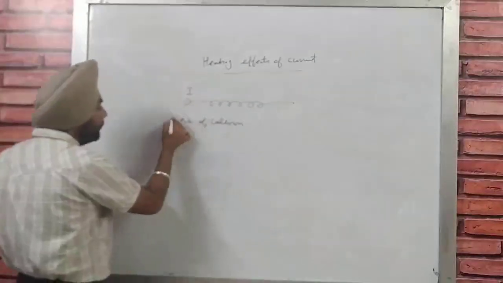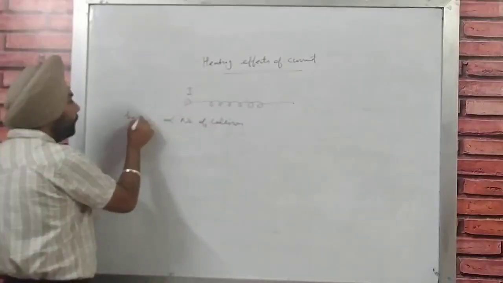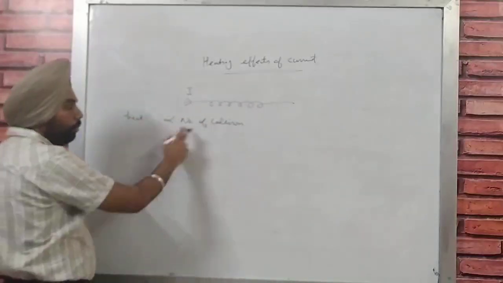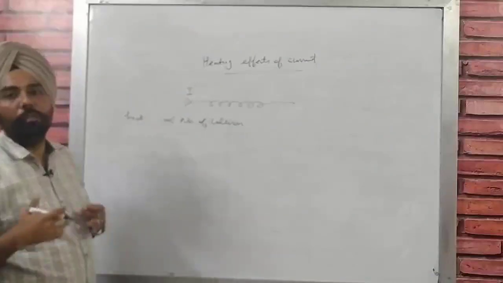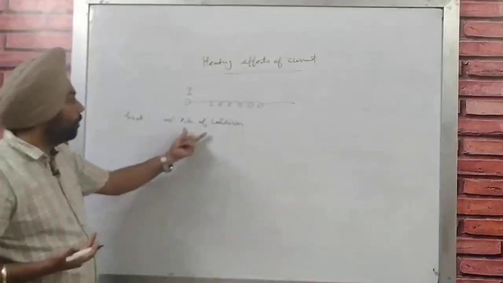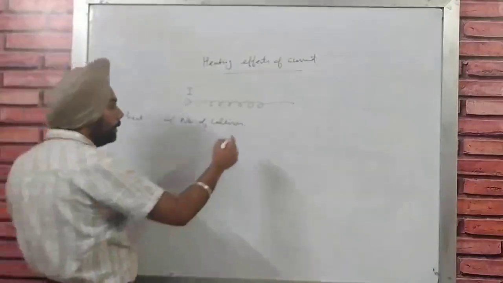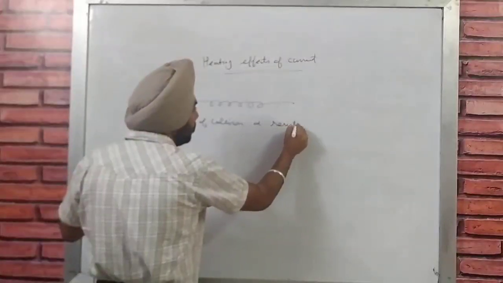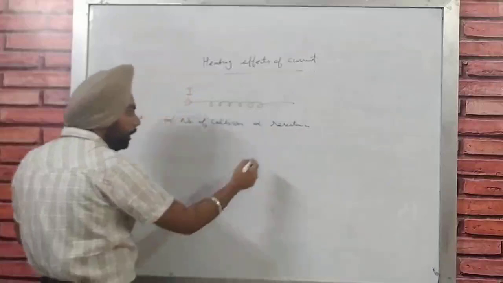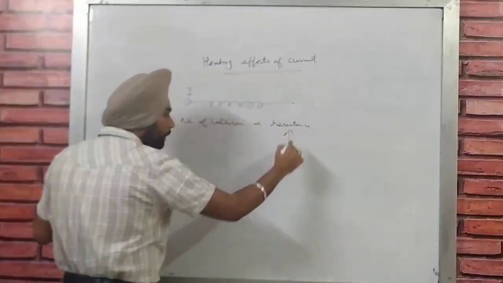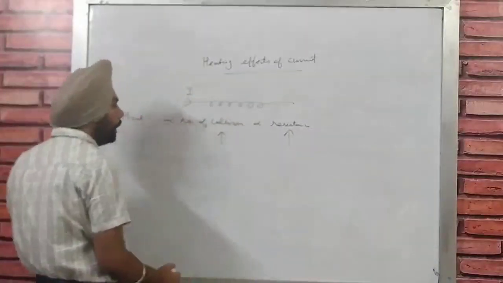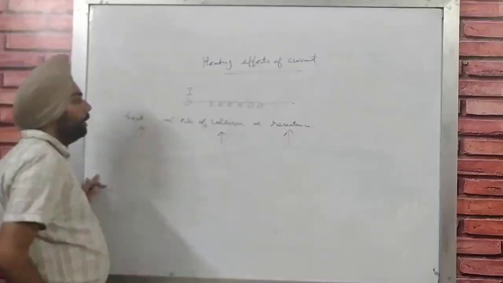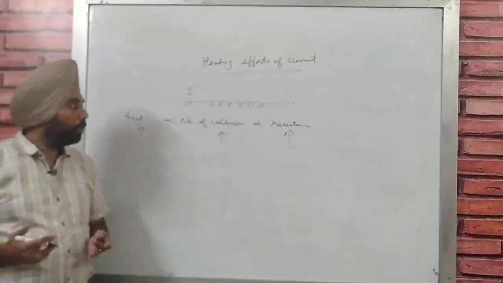If we give extra energy to the wire, the number of collisions is going to rise, and this gives rise to the resistance as well. And vice versa: if resistance rises, the collisions rise, and there is going to be a heating effect. That's how it works.